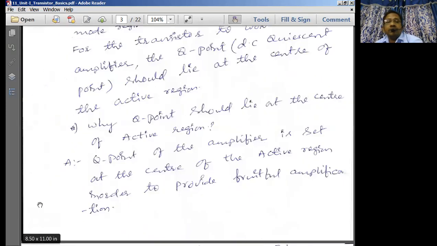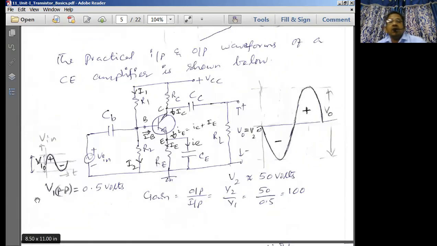So after proper biasing, we use this circuit as an amplifier circuit. We apply the input signal via the coupling capacitor CB, and we take the output via the coupling capacitor CC. So CB and CC are known as the coupling capacitors. CE is known as the bypass capacitor. Now, what is the purpose of R1, R2?